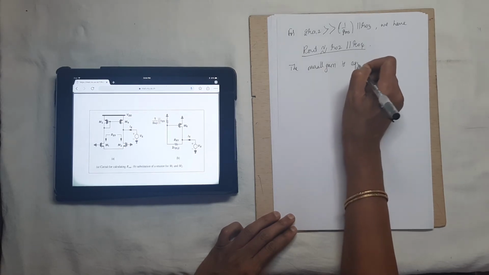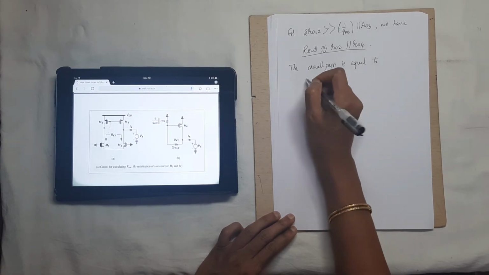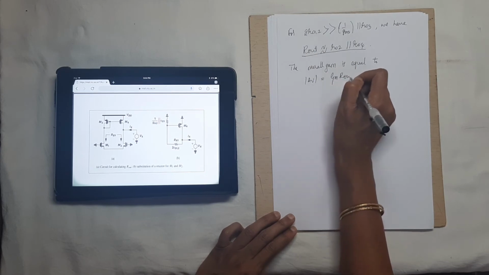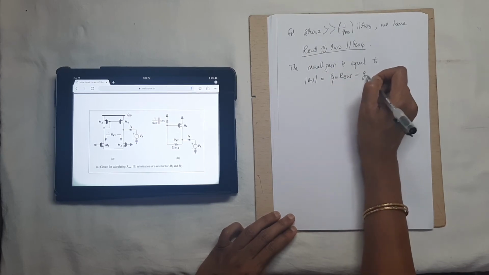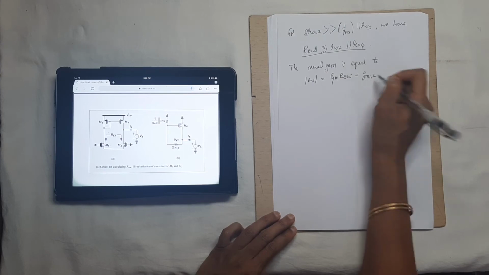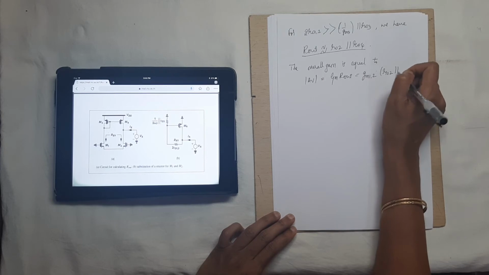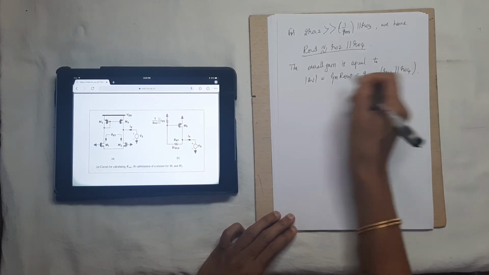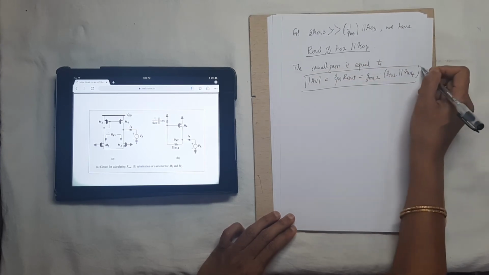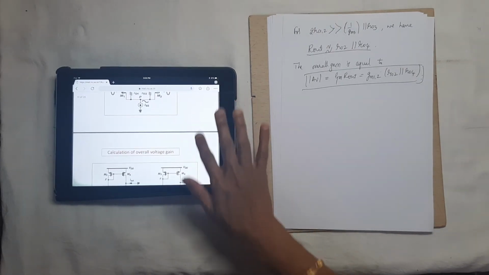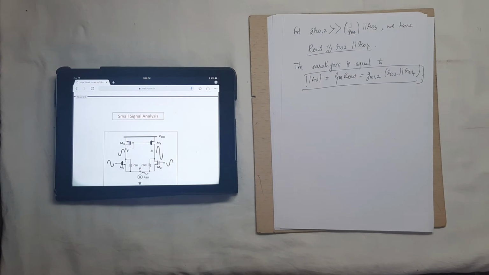AV is equal to GM into Rout, which is equal to GM1,2 multiplied by Rout, which is RO2 parallel to RO4. This is the overall gain when we do the small signal analysis.